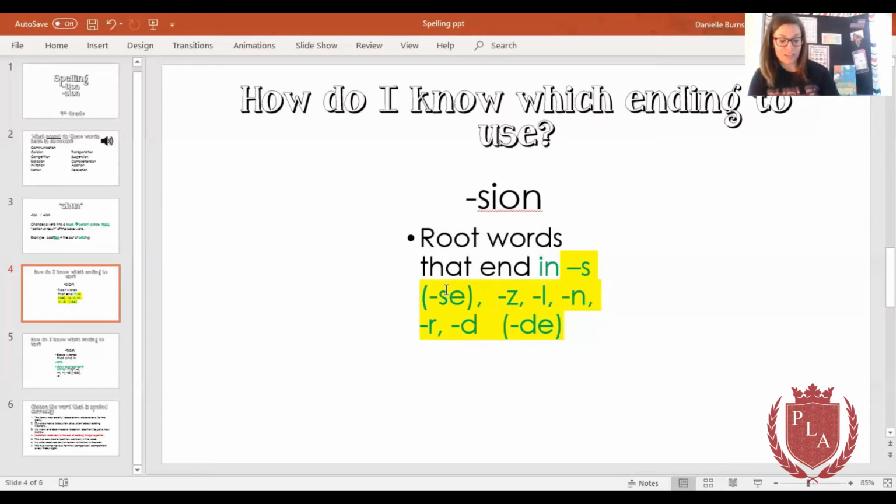So revision is spelled like this with an S-I-O-N ending. Okay, so we need to remember that when we have a root word that ends in the letters that are yellow, S, S-E, Z, L, N, R, D, and D-E, when we change those words, we add that S-I-O-N ending.